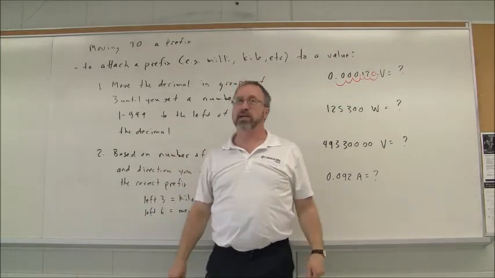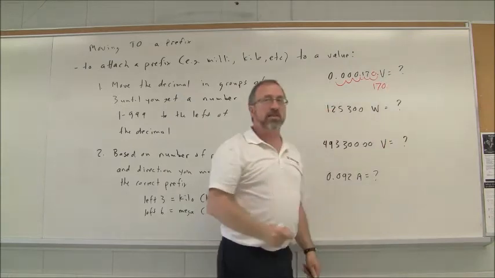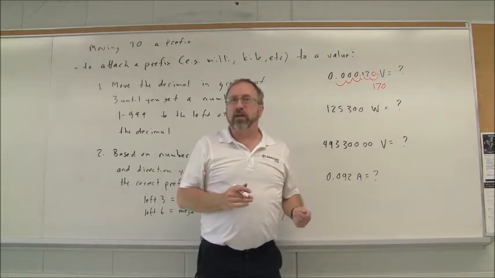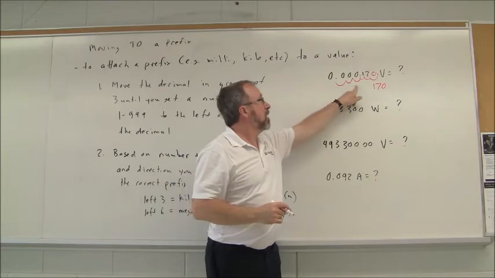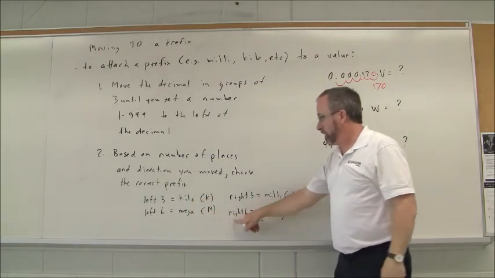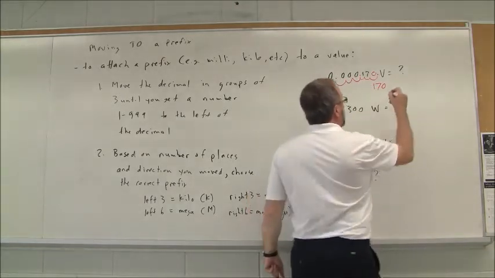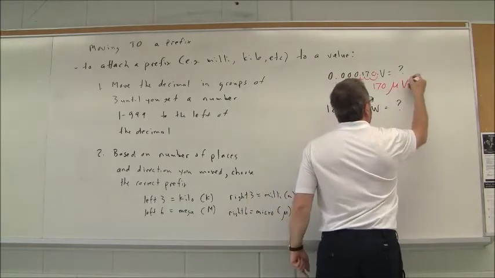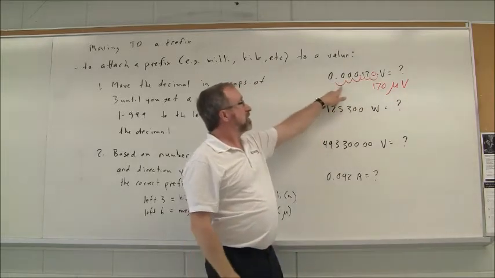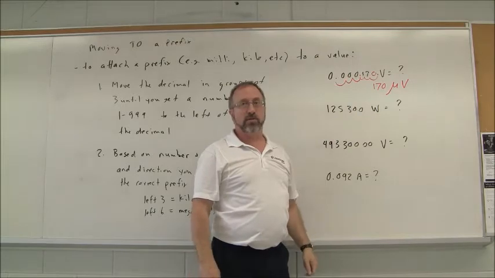That is between 1 and 999. So I know my number will be 170. But what prefix? Well, I moved it 1, 2, 3, 4, 5, 6 places to the right. Right 6, micro will be my prefix. So 0.00017 volts is 170 microvolts.